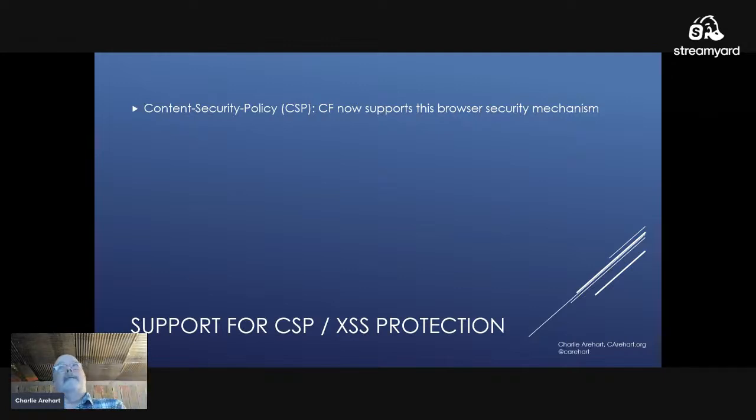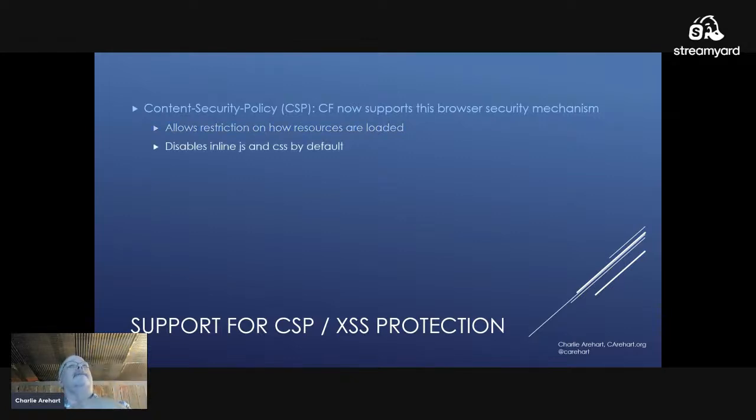CF now supports this improved security mechanism, and you can opt to use it or not use it. It would allow you to restrict how resources are loaded, in particular inline JavaScript, inline CSS, and even files that you point to. These things can be controlled through powerful new security mechanisms. And if you enable it, it does disable inline JavaScript and inline CSS by default.